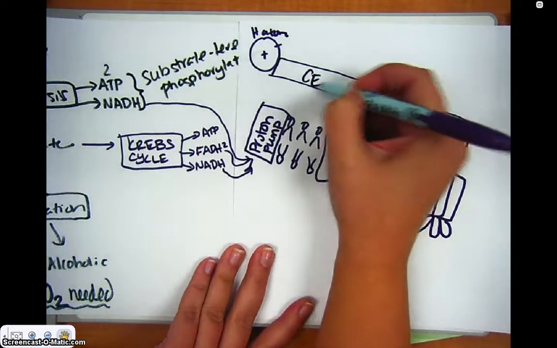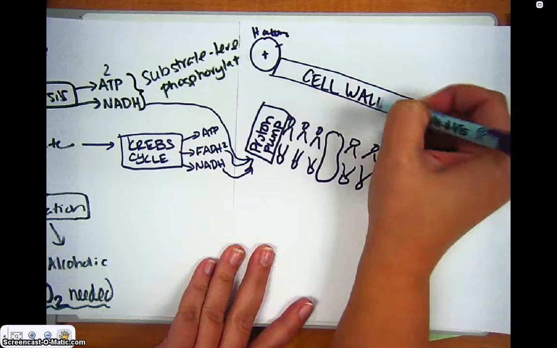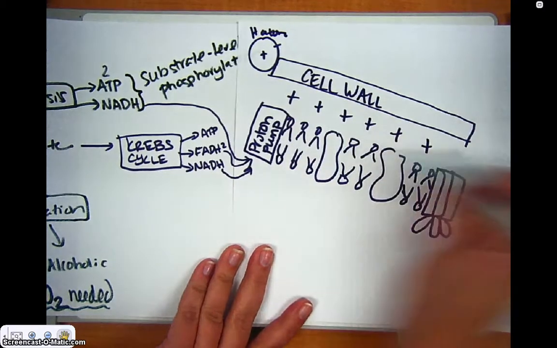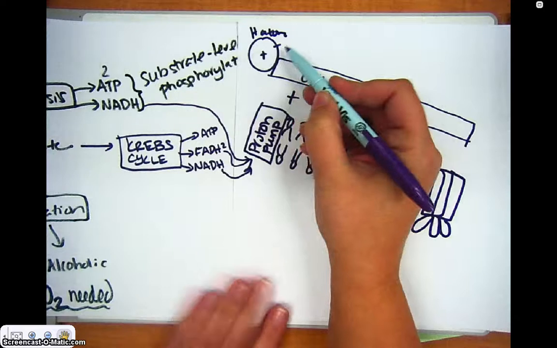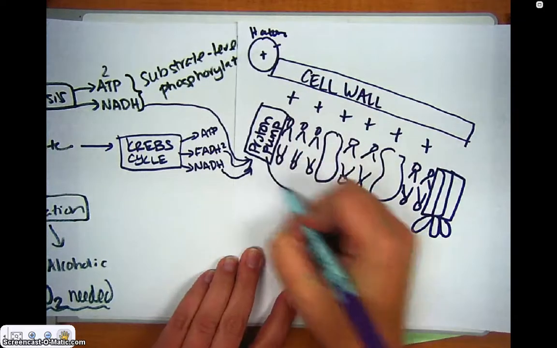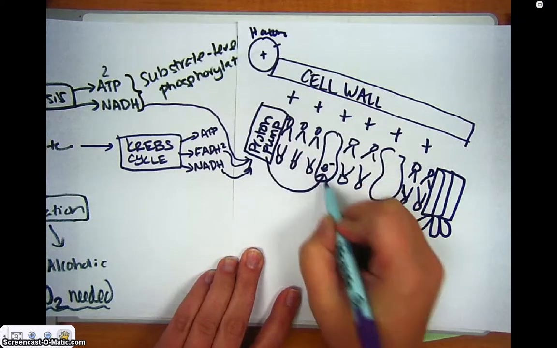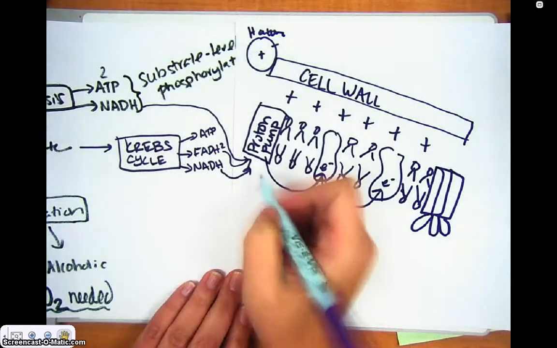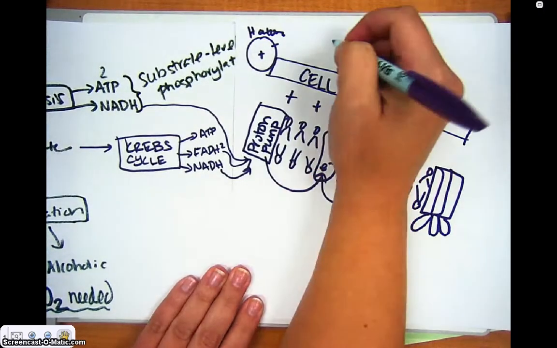So this is the cell wall, the layer of peptidoglycan, and so the protons get pumped out here, and the electron from each hydrogen atom gets passed down these things called cytochromes. This is the electron transport chain.